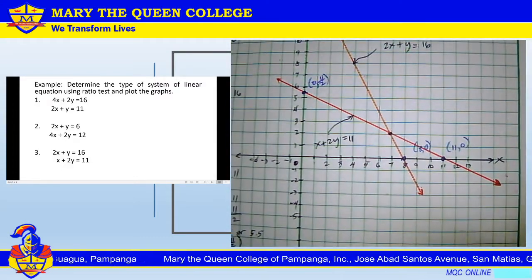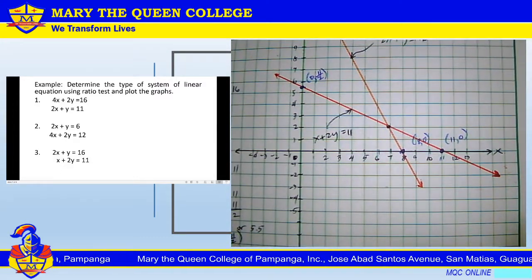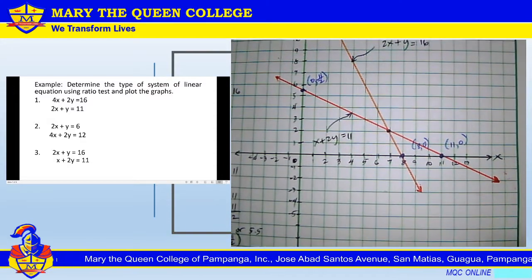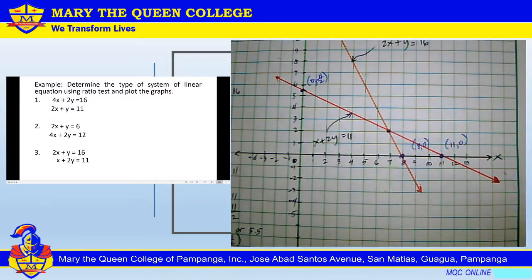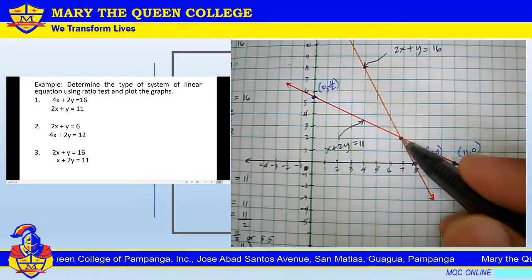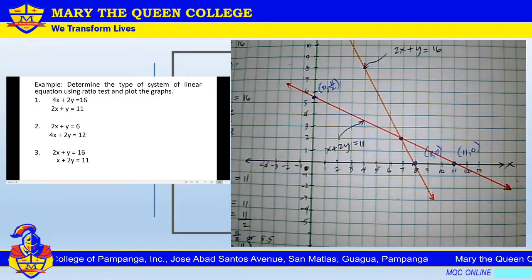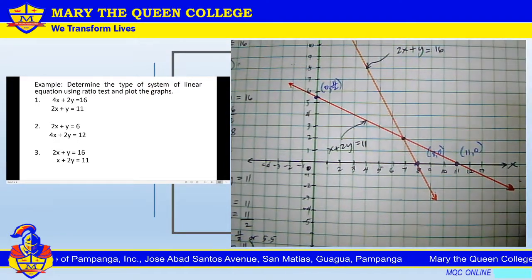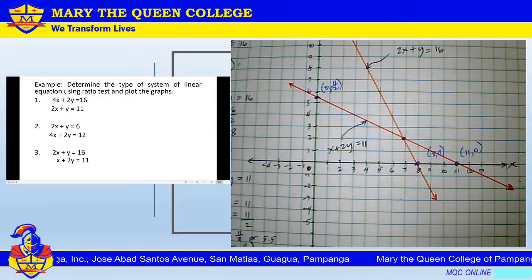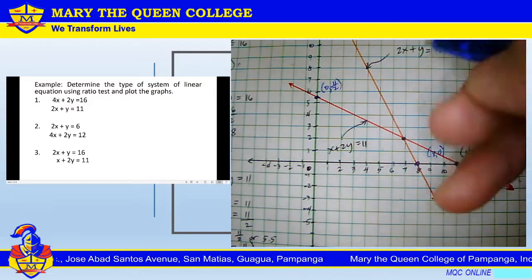So that's how a consistent system differs from the other types of system. And graphically, you can now determine this point of intersection. It depends upon the accuracy or the skill in creating your graphs so that you may visually determine their point of intersection.